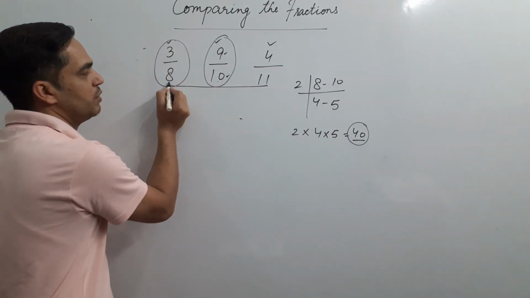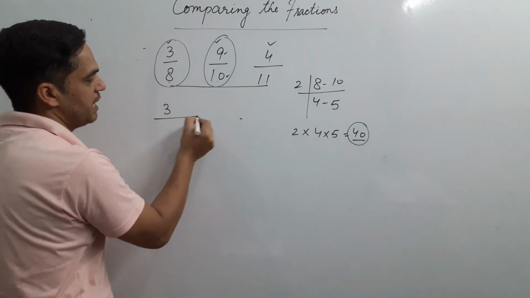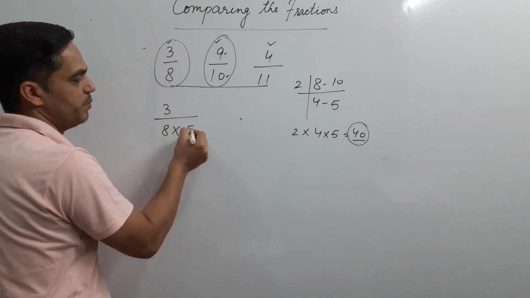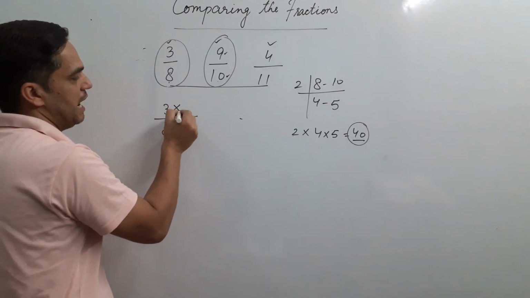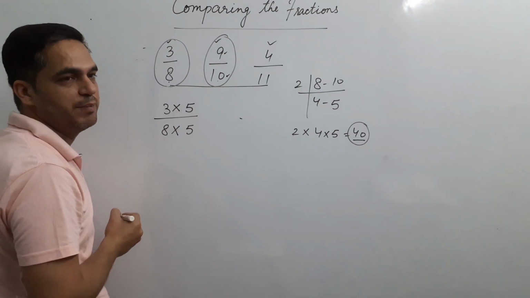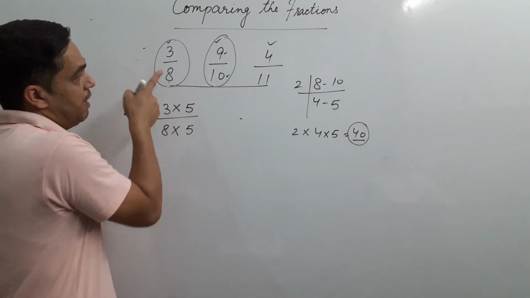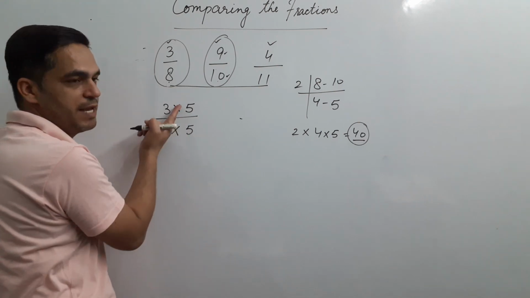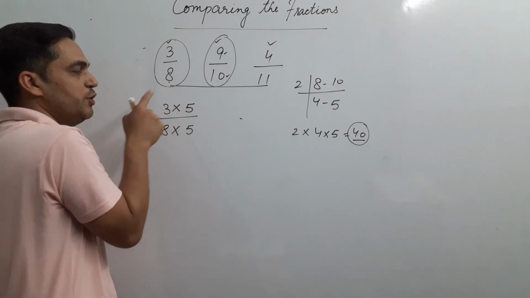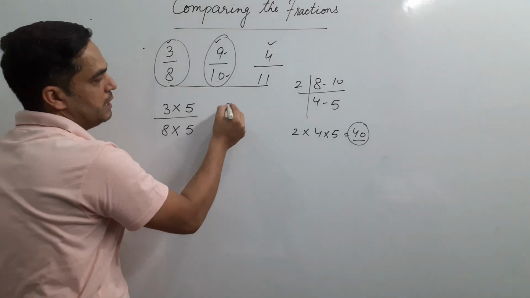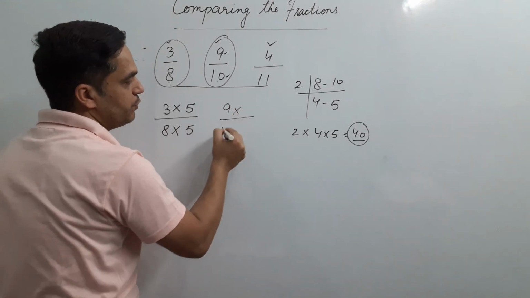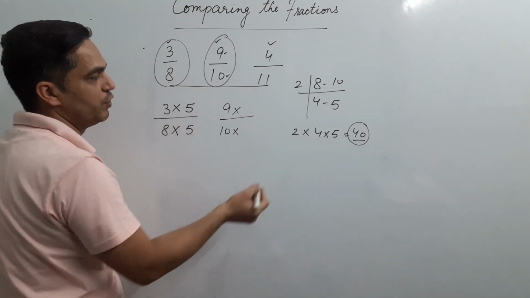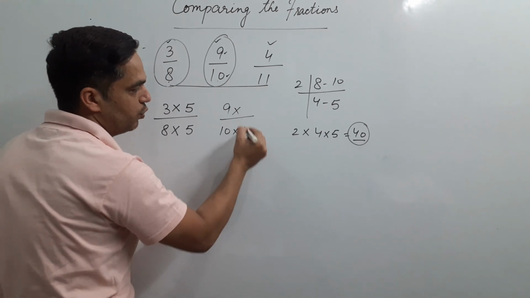If I want to convert this 8 into 40, I need to multiply this denominator by 5, and the same number will multiply the numerator because we want equivalent fractions, so we have to multiply the numerator and denominator both by the same number. Here we need to convert this 10 into 40, so we need to multiply by 4.